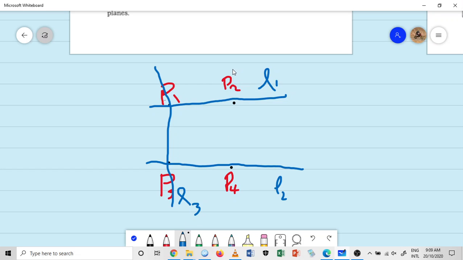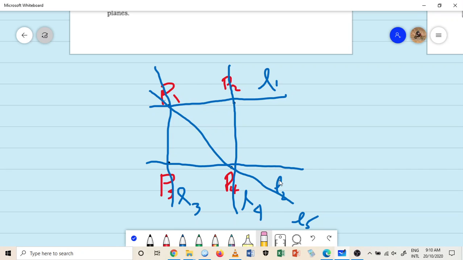There would be another line containing P2 and P4. Call it L4. There would be a line containing P1 and P4. Call it L5. Let us transfer the label for L2. So this here is L2.